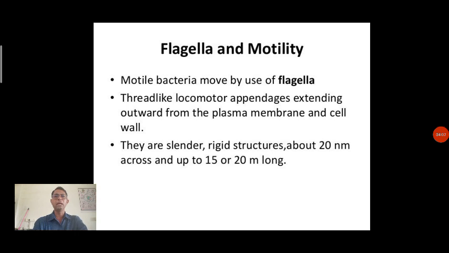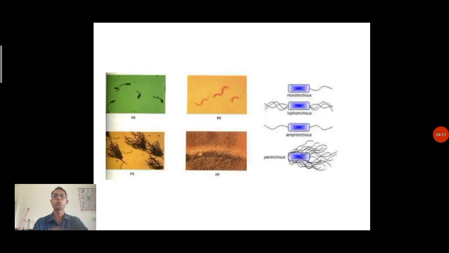Now these flagella are made up of different components. For example, flagellin is one of the most important chemical structures in the flagella, and it is a slender, rigid structure which helps bacteria move from one place to another.